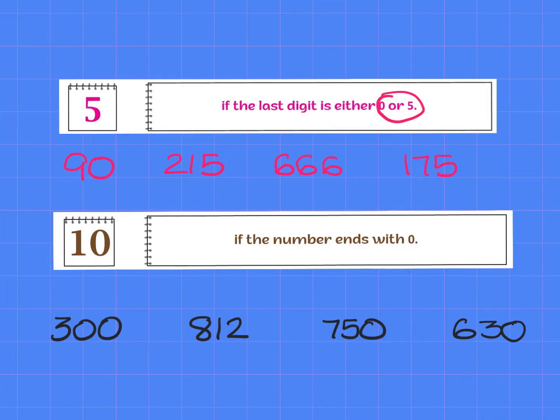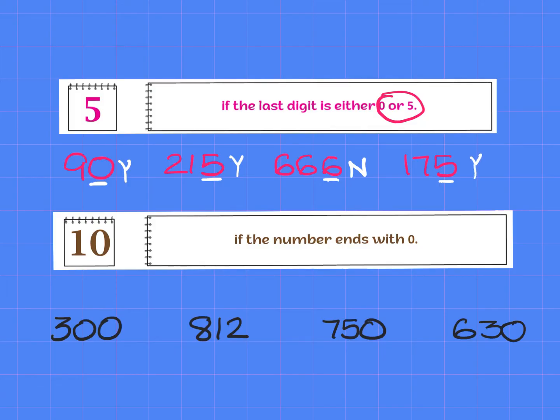We've got the number 90, which ends in a 0, so yes, it's divisible by 5. 215: the last digit is a 5, so yes, it's divisible by 5. 666: the last digit is a 6, so no, it is not divisible because it does not end in a 0 or 5. 175: yes, it's divisible because the last digit is a 5.